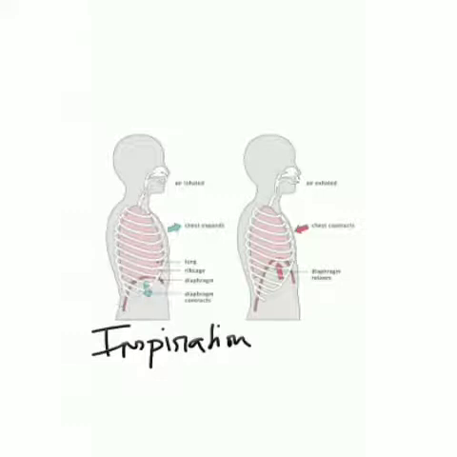In this case, the ribs are moved upward and outward. There is a contraction of the intercostal muscles that stretch between them, thus enlarging the chest cavity all around.